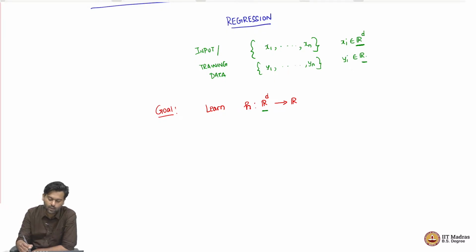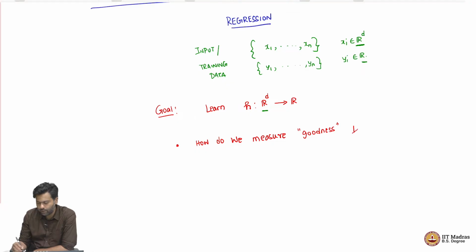The question is, there are so many functions that map Rd to R, how do you learn a good function? So, the question is, how do we measure goodness of a function? For instance, if I give you a function from Rd to R, and ask how good this function is for this particular data set, because at the end of the day, the goodness has to depend on the data set.